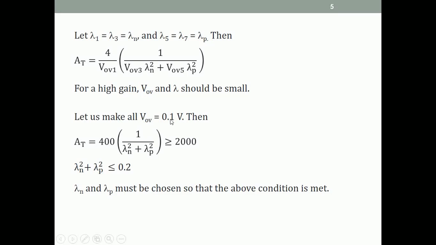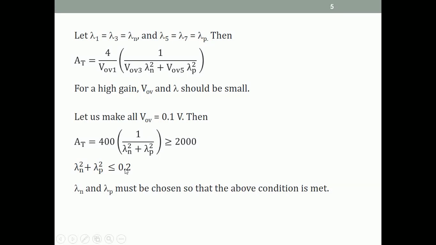Let us make all VOVs 0.1 volt. Alright, let us begin with that. And so we substitute 0.1 here, and 0.1 times 0.1 is 0.01, so this becomes 400 by lambda n squared plus lambda p squared, greater than or equal to 1000. So we get lambda n squared plus lambda p squared must be less than or equal to 0.2. So we have to choose lambda n and lambda p to meet this condition.